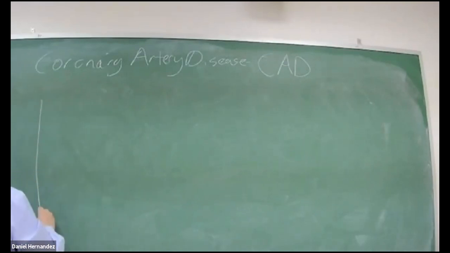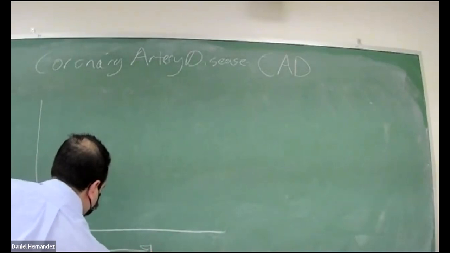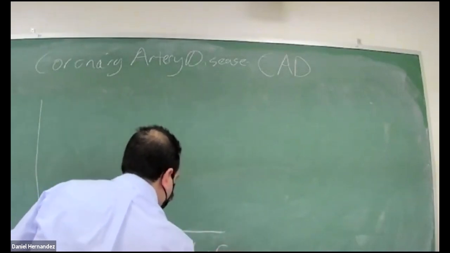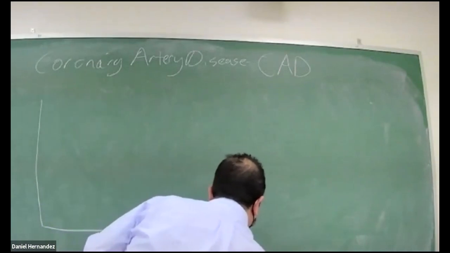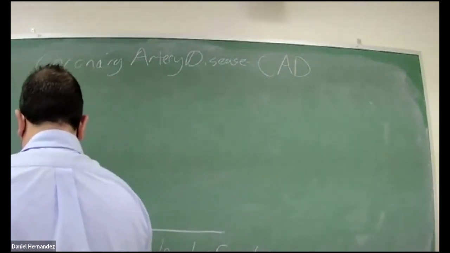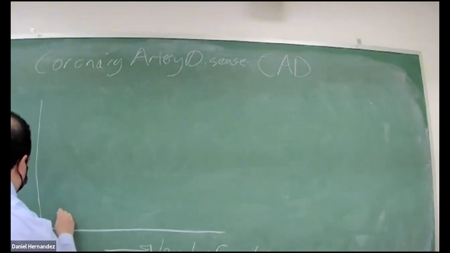So I'll draw a chart where this is the level of ischemia. Over here we have normal function.